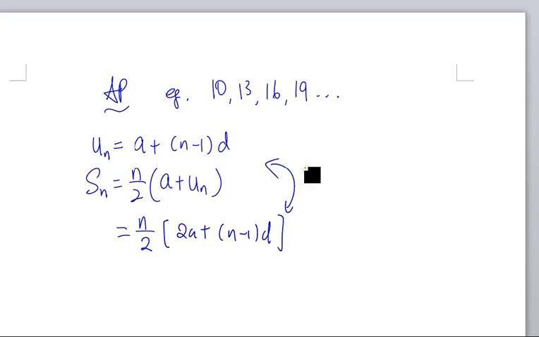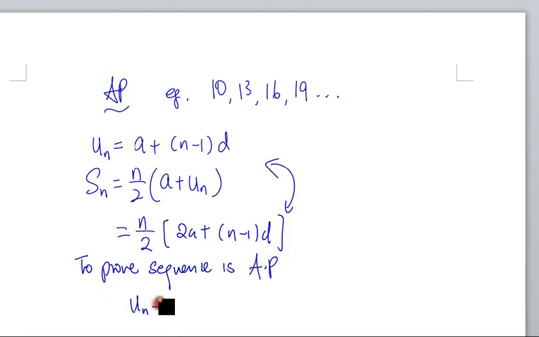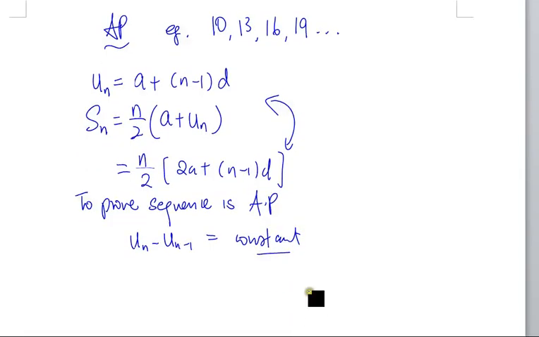We also learned how to prove whether a sequence is an AP. Correct? If you want to prove a sequence is AP, you need to prove that un minus un minus 1 is a constant. Of course, in the end, you prove that this difference is a constant for all values of n.